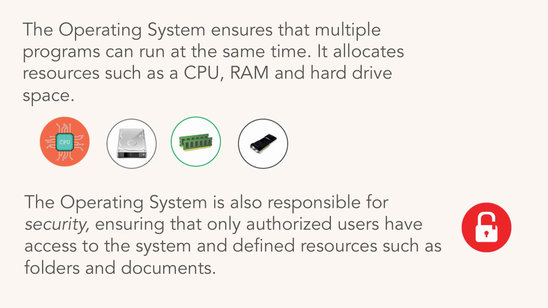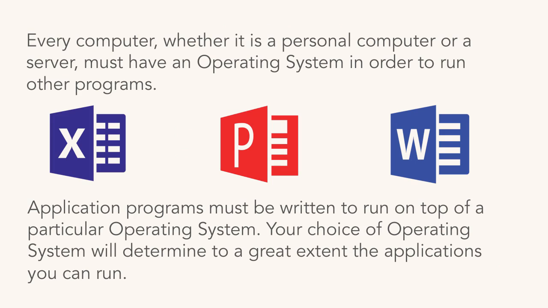So when you log on to your computer at home and it says, hey, give me your password, that's all through the operating system. One thing to keep in mind about operating systems is that there's not a lot of them. There's only really 3 out there, which are Microsoft, Apple, and Linux. Those are probably the 3 most common, and we'll talk more about that later. But your operating system is specific and requires applications that were designed and coded for that operating system.